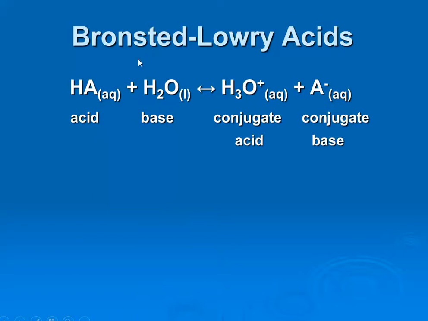Bronsted-Lowry, we said an acid is something that donates a hydrogen ion. So if we look here at what happens from HA on the reactant side to what remains on the product side, which is this A minus, we can see that what happened is a hydrogen ion was separated. What remains is simply the A minus or the anion. That hydrogen ion went somewhere.